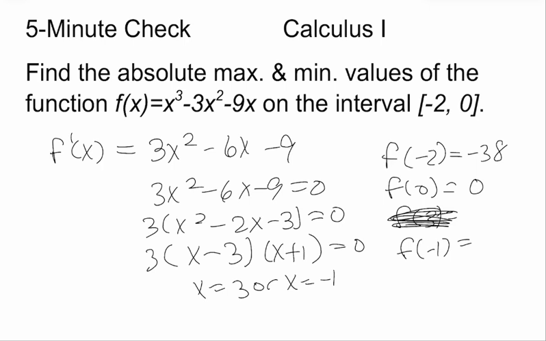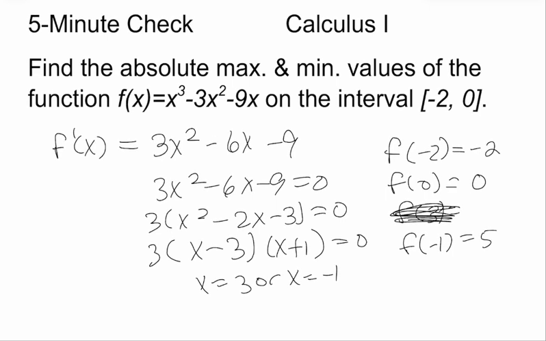Did I not, is it not -38? Oh, I'm sorry. Thank you. So that would be -2. Yeah, I'm sorry. Had a rough day already. Anyway, if you plug in -1, you get -1 minus 3 plus 9, and you get 5.